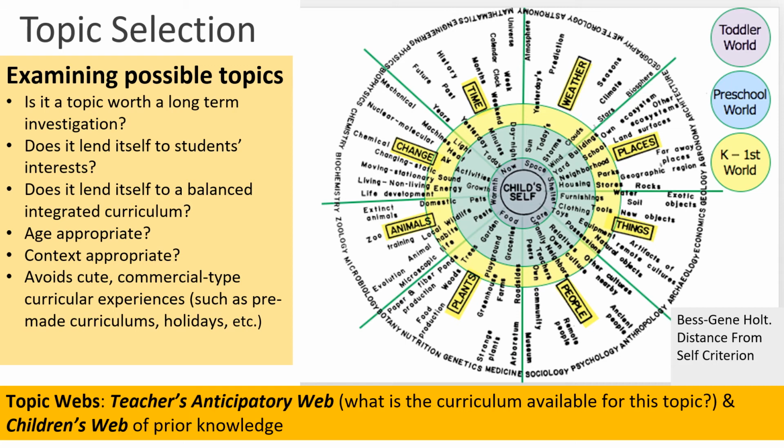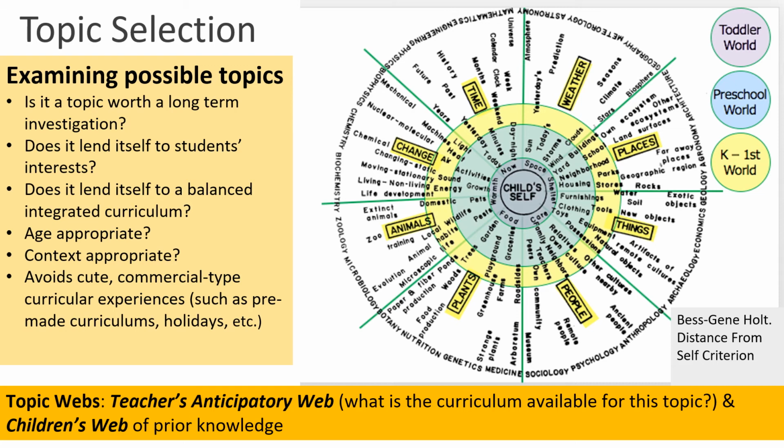That also helps us understand relevancy: when children have experienced some of the topic before and the interest is there. And it's meaningful when there's a balance of integrated curriculum and content standards that can be taught.